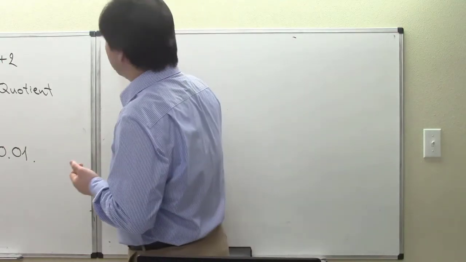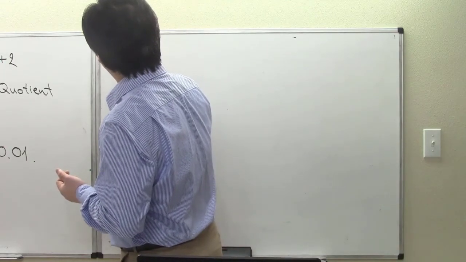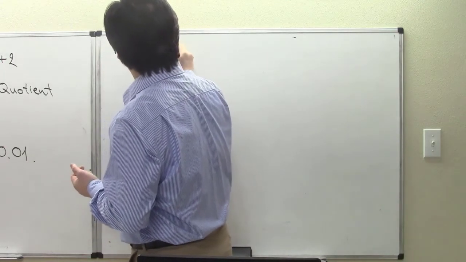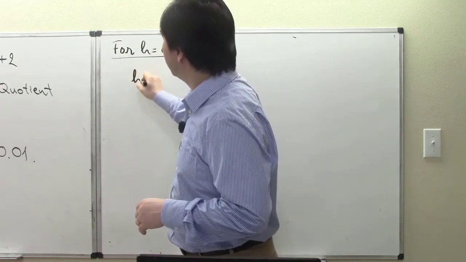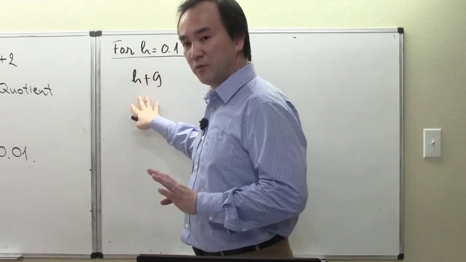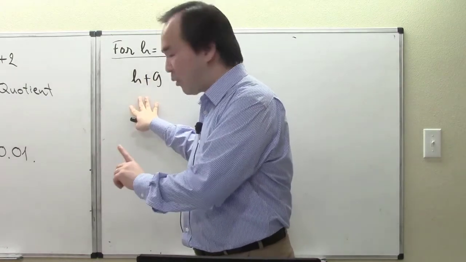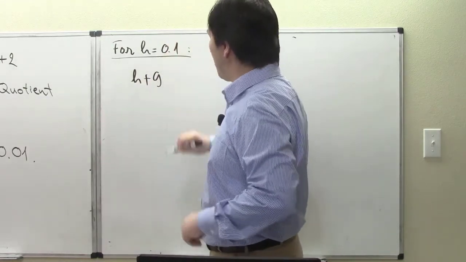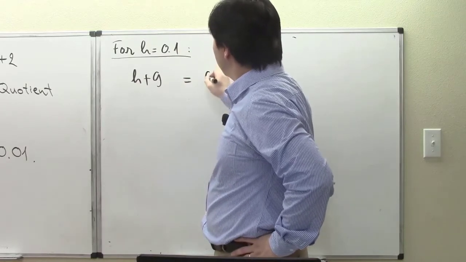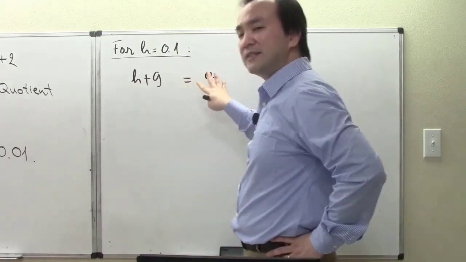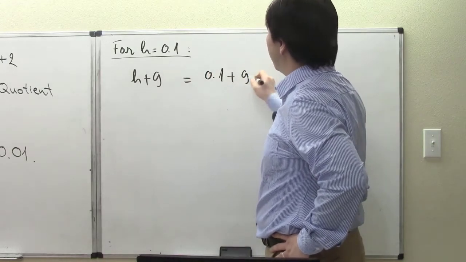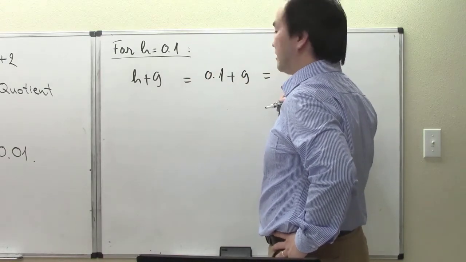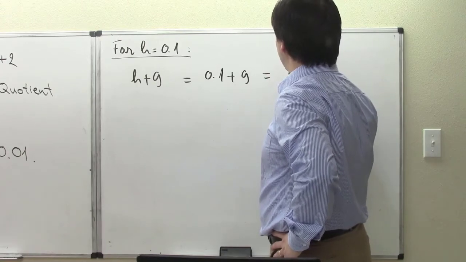All right, so now for h equals 0.1. With h plus 9 as our simplified difference quotient, for h equals 0.1 it's going to become, it's a little bit informal writing things this way, but it works for now, 0.1 plus 9. So our answer came out numerically as 9.1.